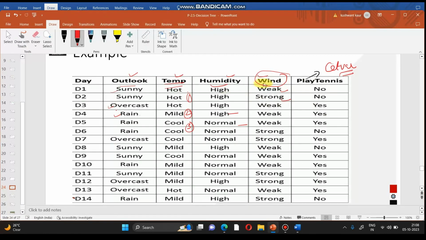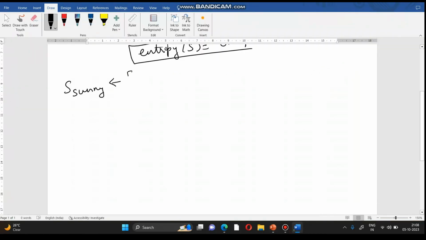When the value is sunny, there are 5 values for sunny, and in this case 3 are negative values and 2 are positive values. So we get 2 plus and 3 minus, a total of 5 values for sunny.